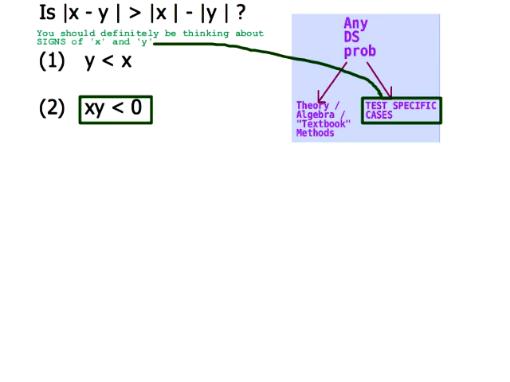When your product is negative, what does that mean? It means they have opposite signs. It means one is positive and the other is negative. So that's another reason to think about that.